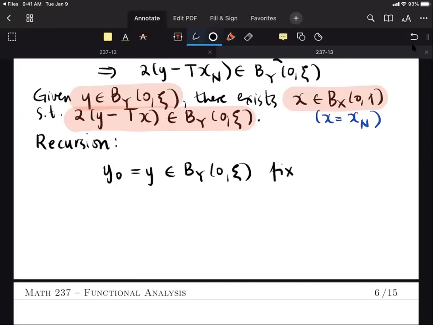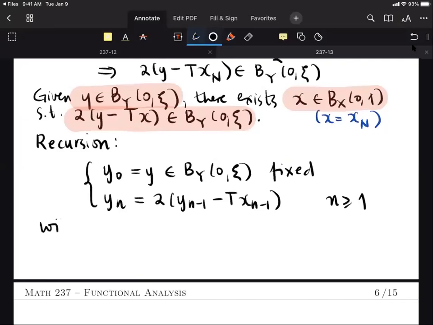We fix this, and for n greater or equal to 1, let us define y n to be 2 times y minus t of xn minus 1, with xn in the unit ball for n from 0 to infinity.